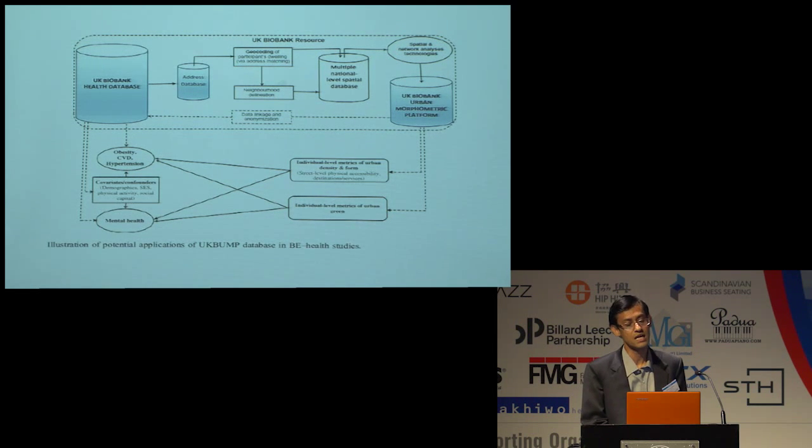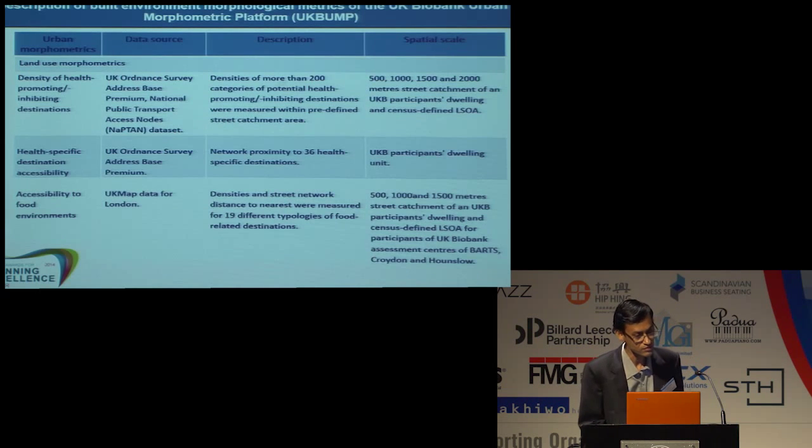Thereafter, we have multiple national-level spatial databases upon which we perform spatial and network analysis techniques so that we have the urban morphological matrices at an individual level, and then we link them back to the UK Biobank health database. Now, the 750 built environment morphological matrices include densities of more than 200 categories of health-promoting and health-inhibiting destinations at multiple spatial scales ranging from 500 to 2,000 meters.